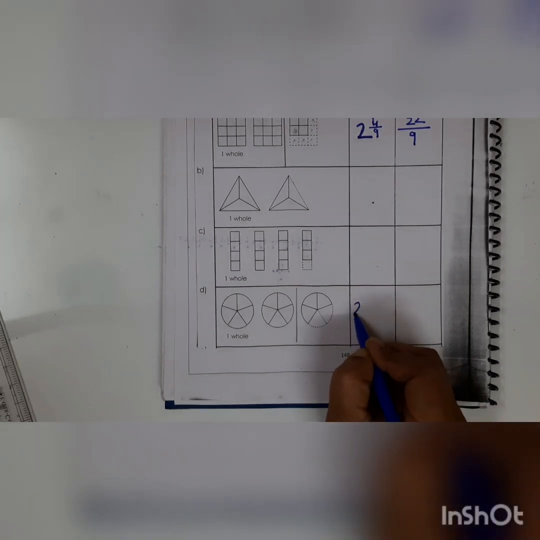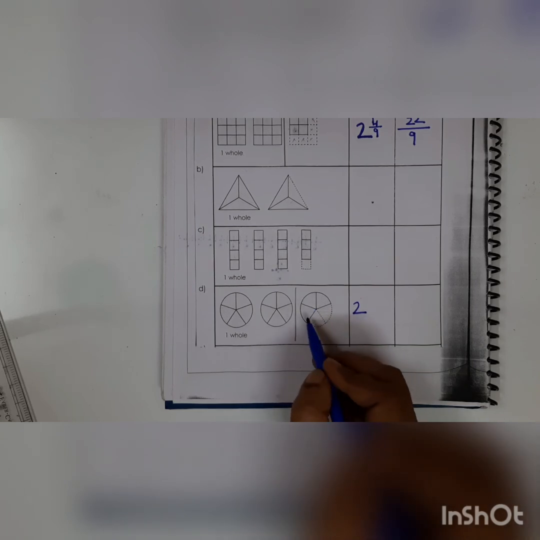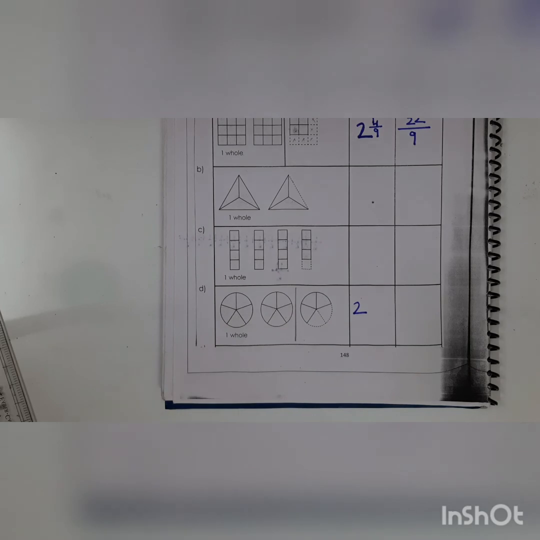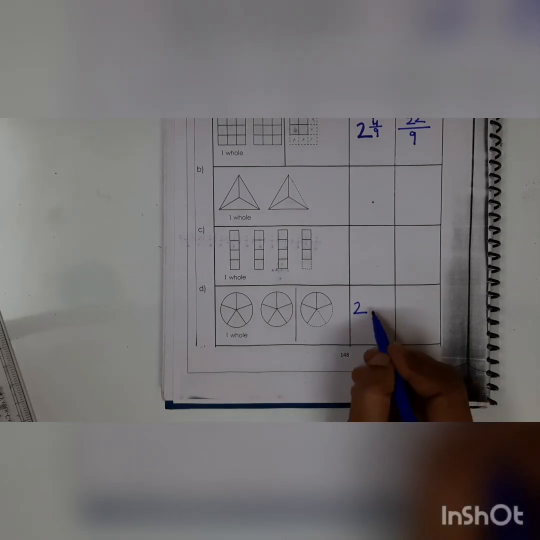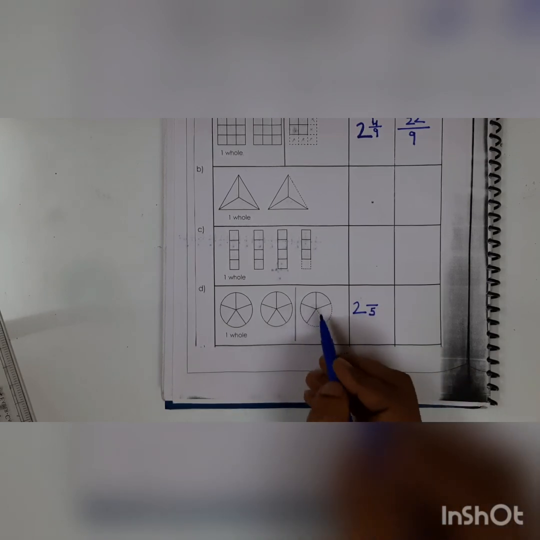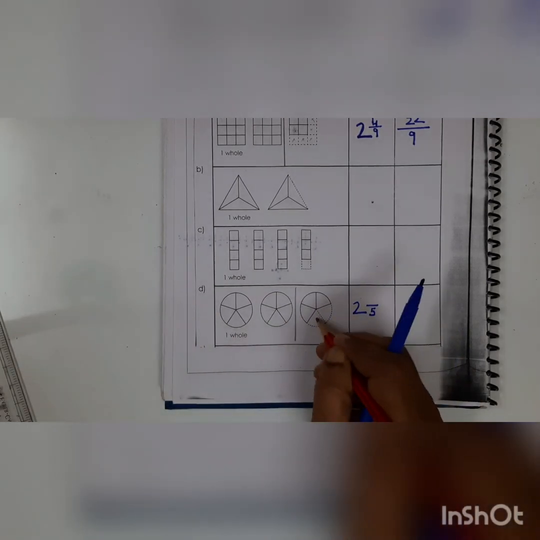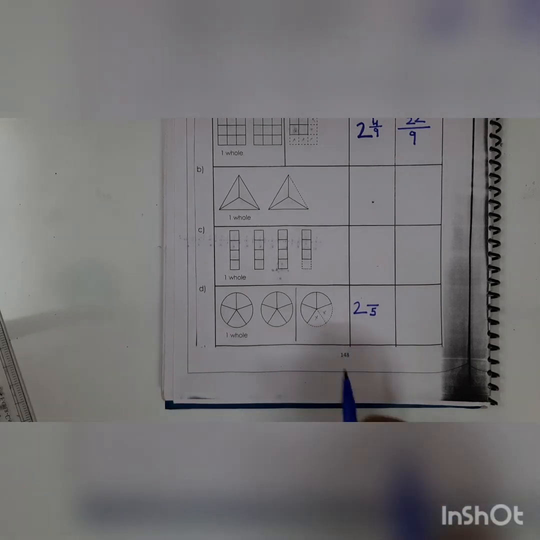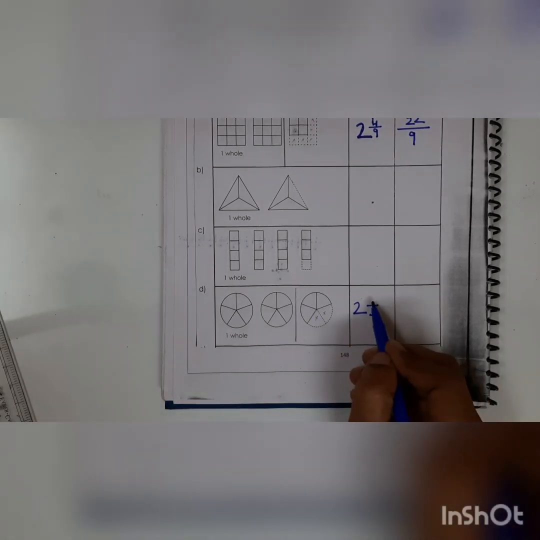Correct? 2 wholes. Now look at this part. How many parts, children? 1, 2, 3, 4, 5. Here also we had 5. So your denominator will be the same. It is 5. Now how many parts here? Children, I told you if you are confused, just put this X. So 1, 2, 3. 3 upon 5.